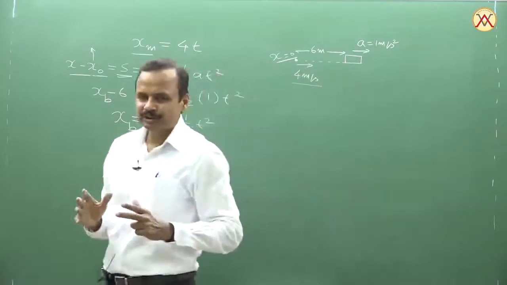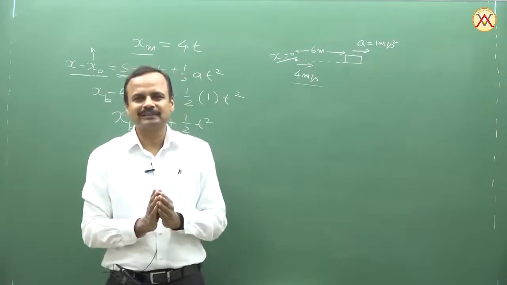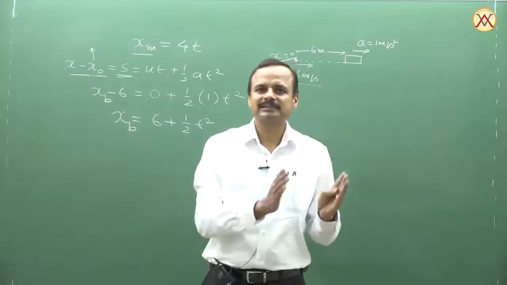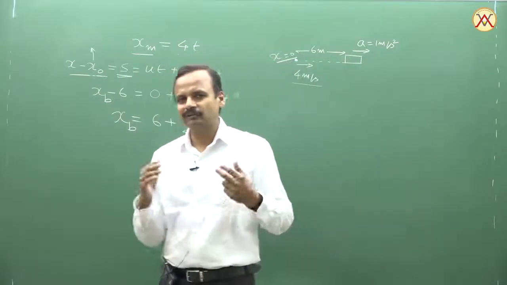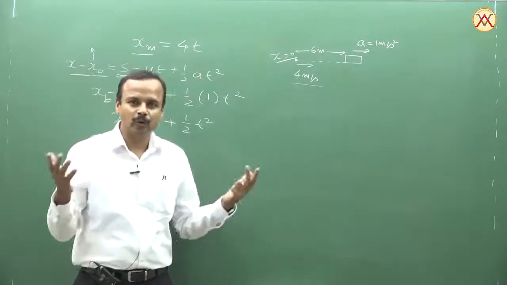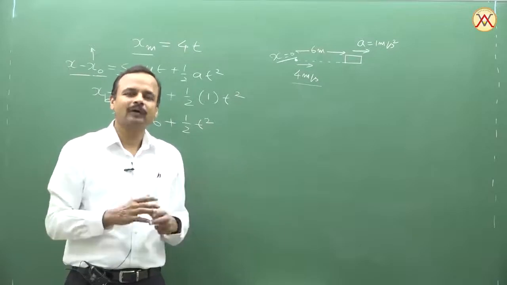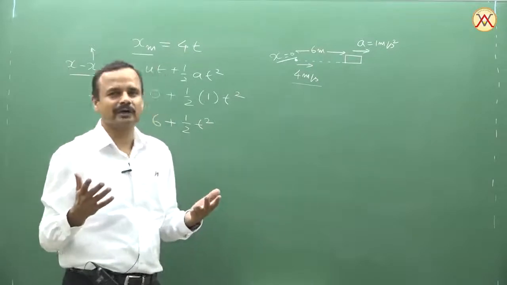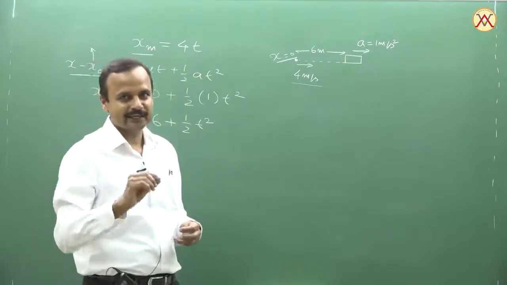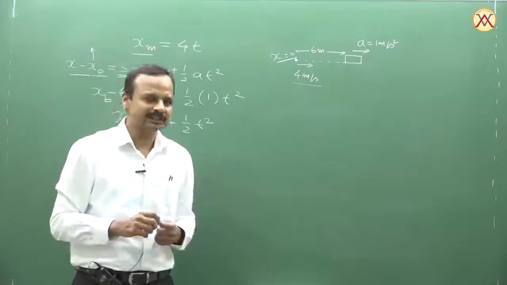So in such questions, the maths that we have to use is that their coordinates become the same. If it is a one-dimensional problem, it is just the x coordinate. Later on we will be doing two-dimensional or three-dimensional questions. In two-dimensional questions, we will equate both coordinates. In three dimensions, we will equate all three coordinates at the time of impact or at the time of one object catching the other.